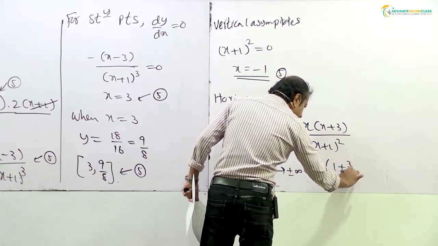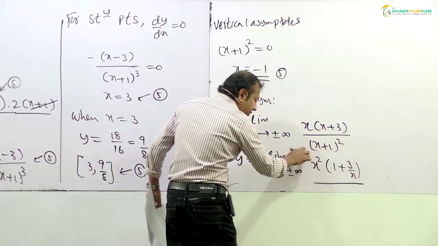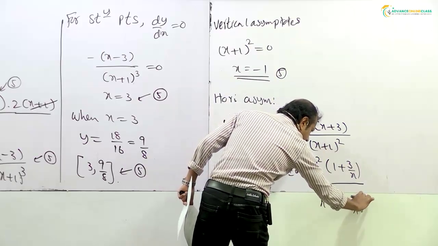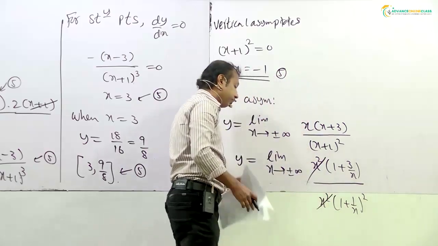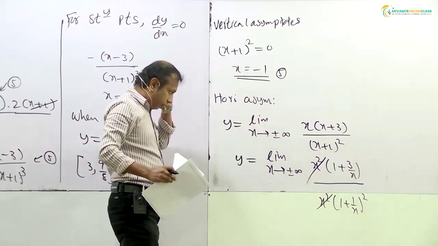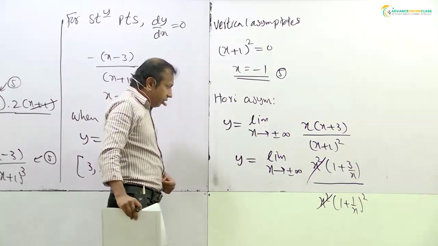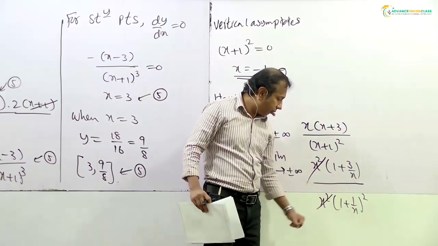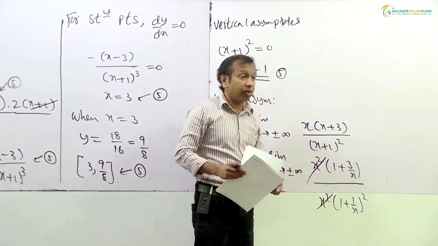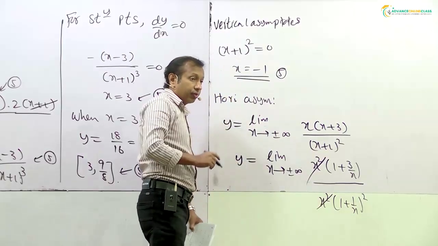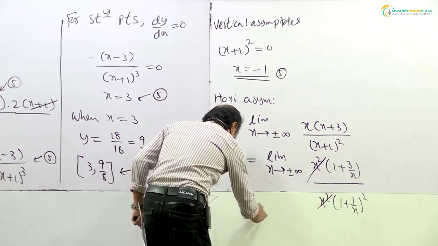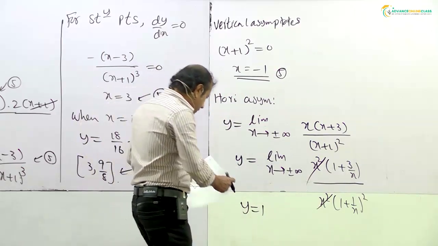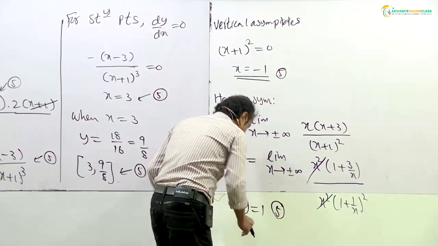Within bracket, we get like this. When you take this x out, x squared comes in. 1 plus 1 over x perfect square. This x squared you can cancel down. Now put x infinity. When you put x infinity here, 3 by infinity is 0, 1 by infinity is 0. This is 1, this is 1, then we get 1. Horizontal asymptote is 1. y equals 1. So that also we get 5 marks. Right.